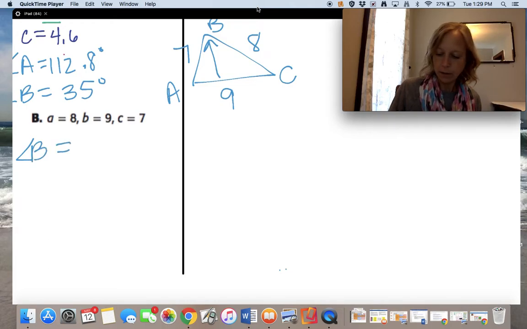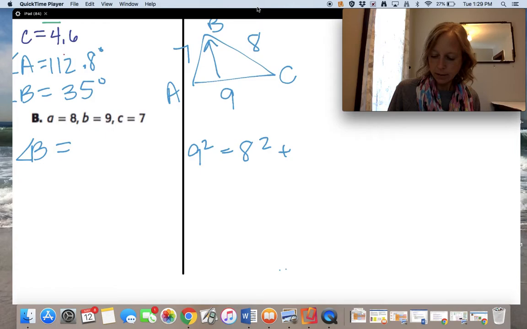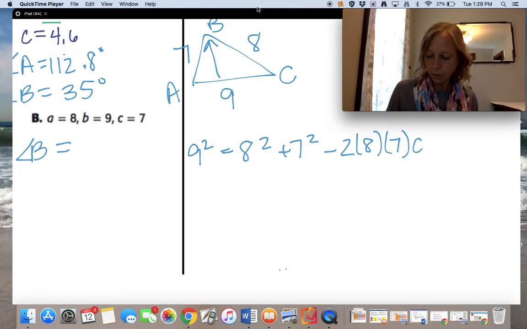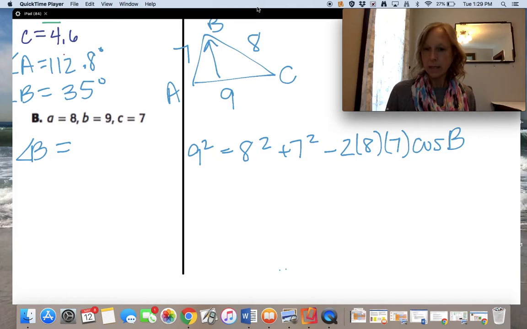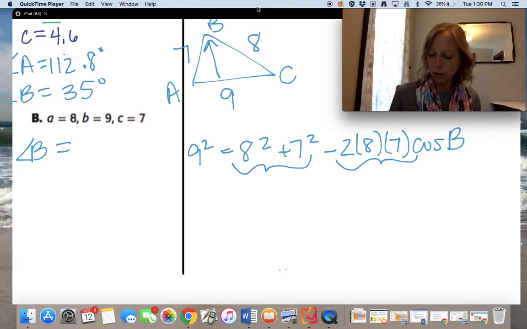The first thing we want to solve for is angle B, which means our formula will start with the side length b. So we'll start with 9 squared equals 8 squared plus 7 squared minus 2 times 8 times 7 cosine of B. Same thing as before, I'm going to combine these and multiply these to simplify my equation.